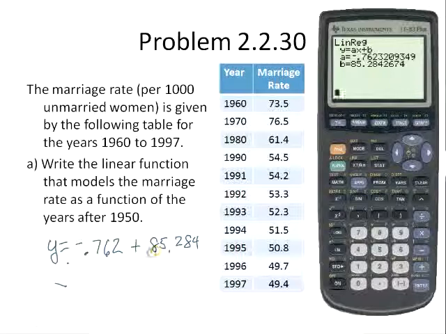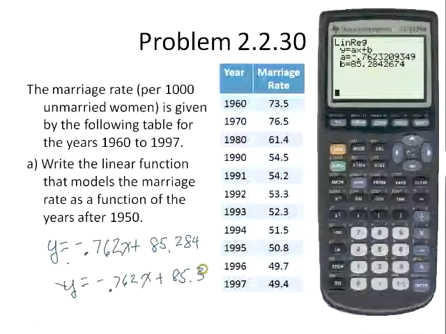Now, our textbook likes to keep 3 decimal places. I think it's more appropriate to keep 3 significant digits. So if I did it that way, I would have y is equal to negative 0.762x. I forgot to put in my x here, so let me insert the x over here as well. And then plus 85.3. And so this then is the function that we're going to be using for part B of this problem.